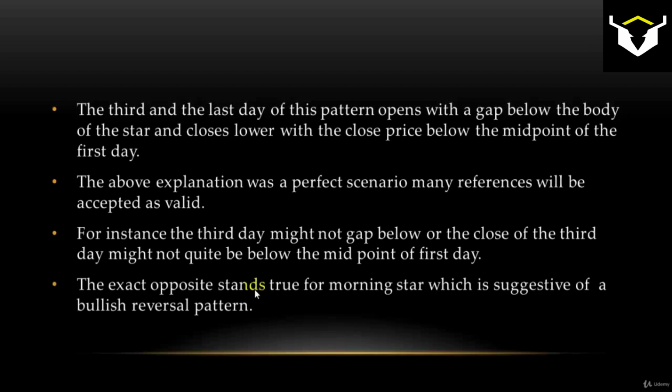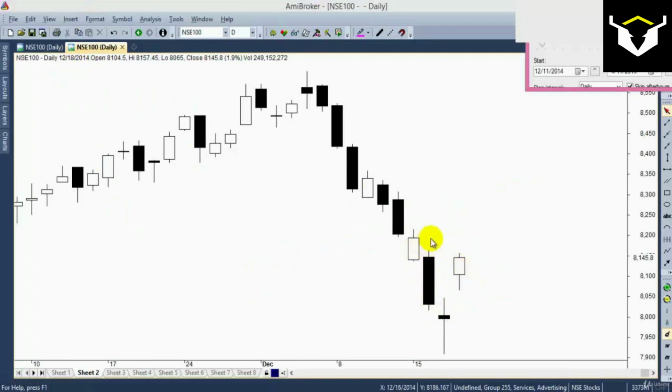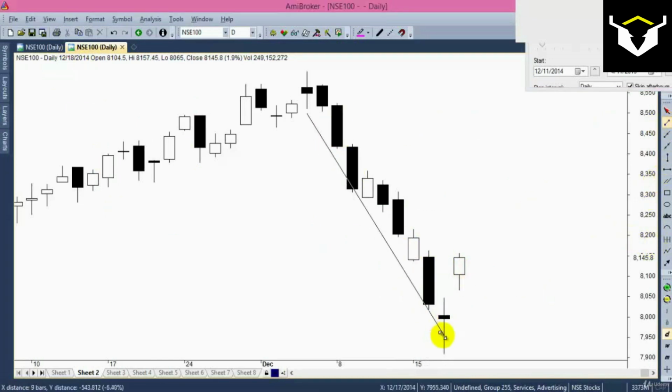Let's go ahead and see some examples. Following is the NSE 100 daily chart, and the last bar is data for 18 December 2014, and you can see here we have a morning star, which is the exact opposite of evening star. Prices are in a downtrend. Then we have a gap down day.